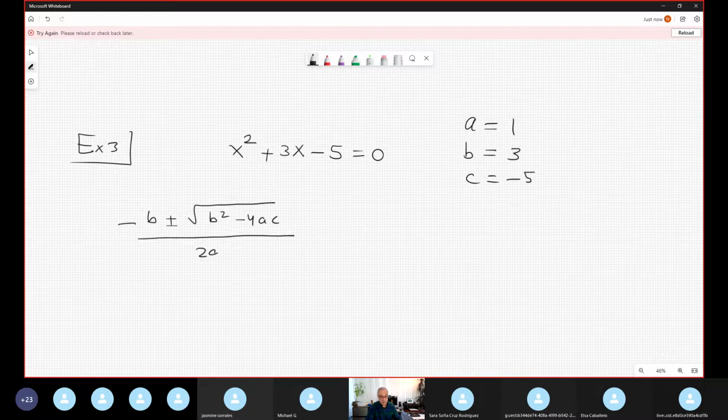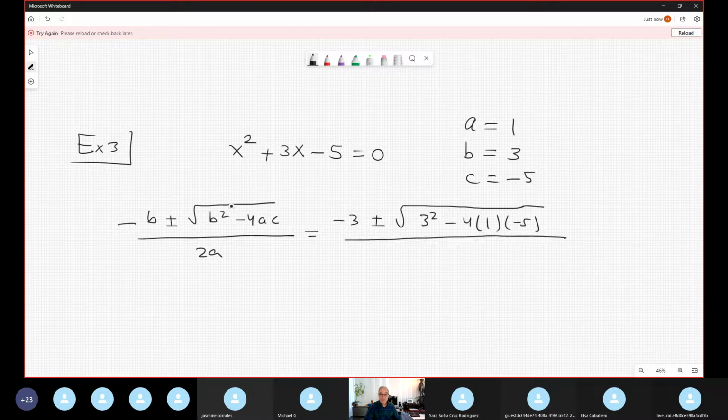Now replace: minus 3 plus or minus square root of 3 squared minus 4 multiplication by 1, multiplication by negative 5. Be careful with the sign. 2 times 1.